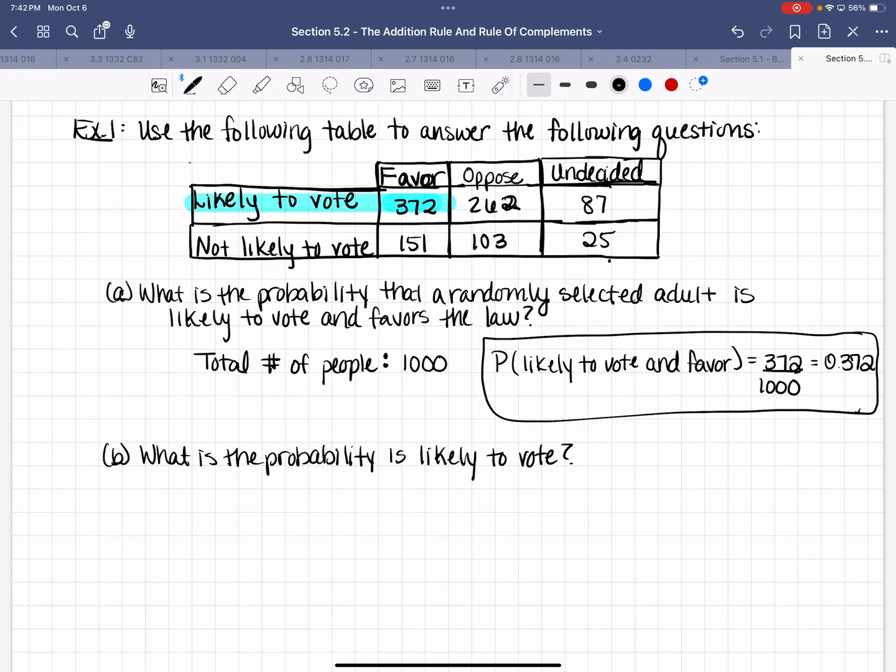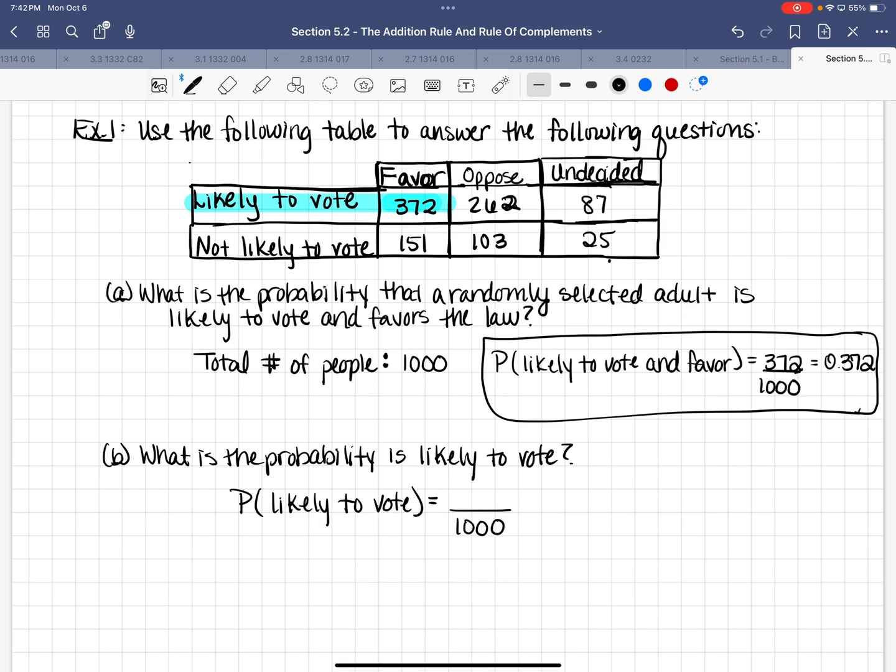It's just likely to vote. So I'm looking for a probability of likely to vote. Okay. Total still the same. I still got those 1,000 people, right? Okay. Now I need to know likely to vote.